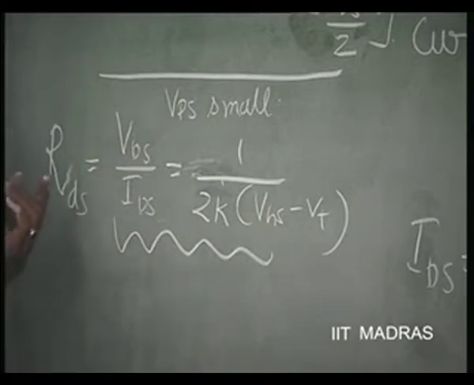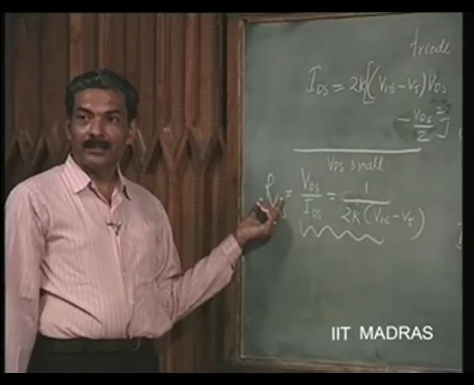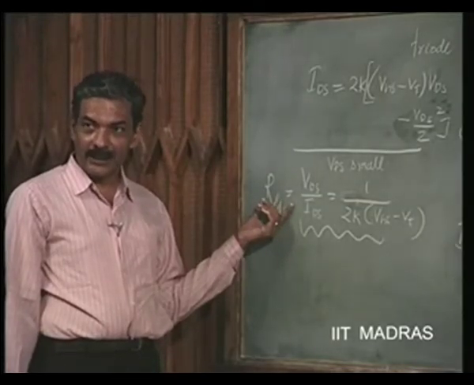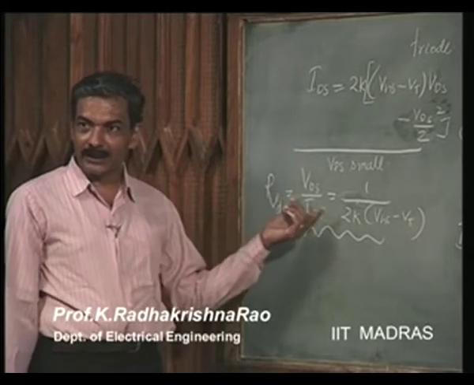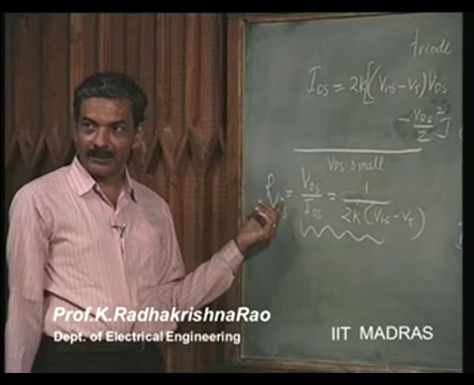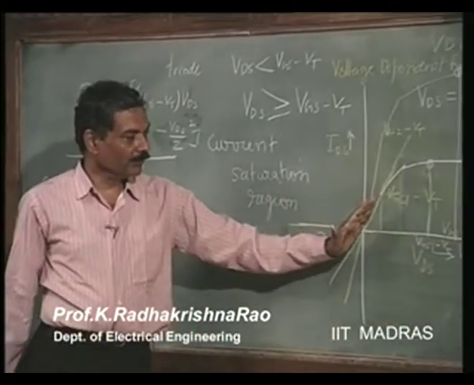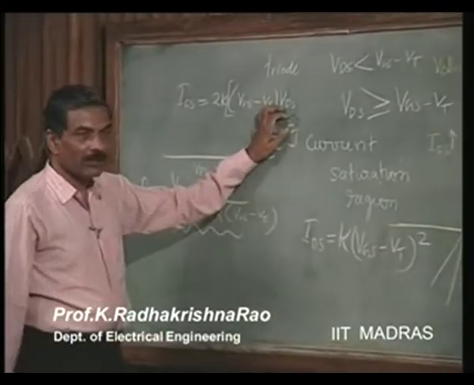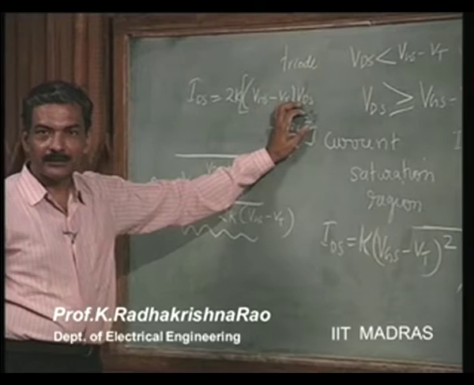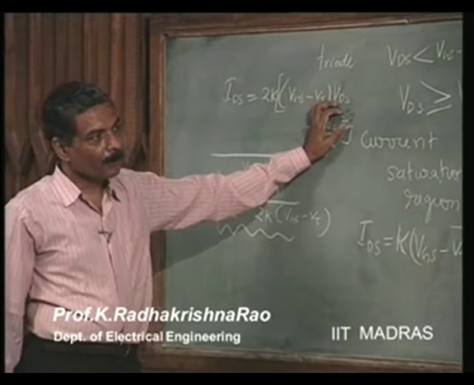I am putting it as capital R, saying that it is a resistance like any other resistance, not small signal or something. It is actually a resistance like any other resistance, voltage can go both positive as well as negative, as long as this square law is neglected.